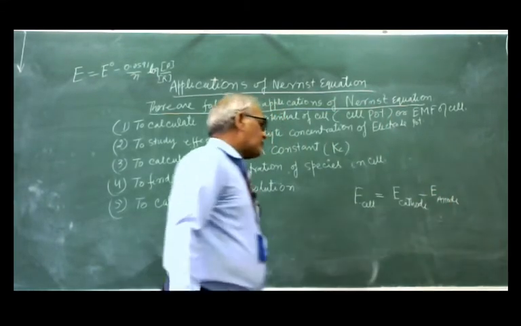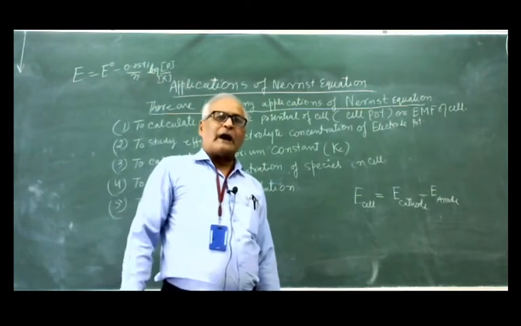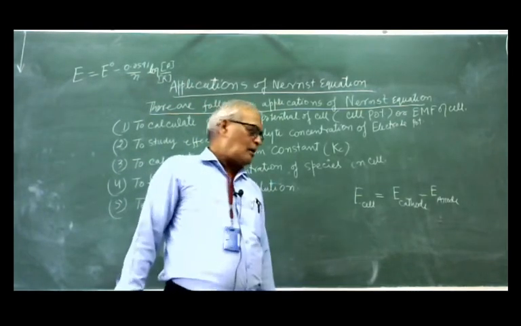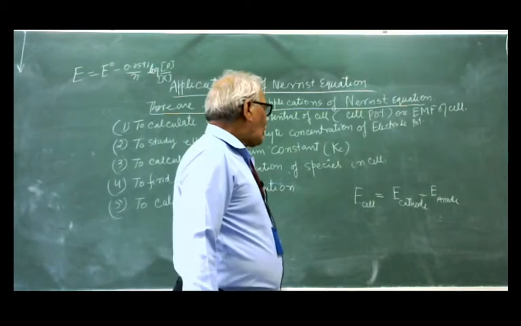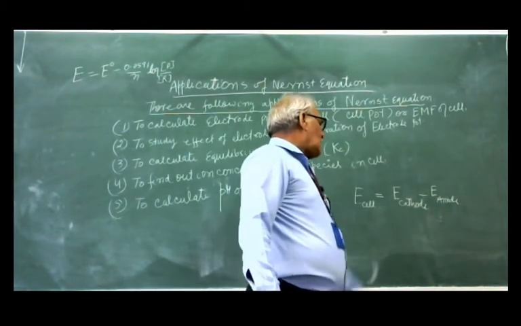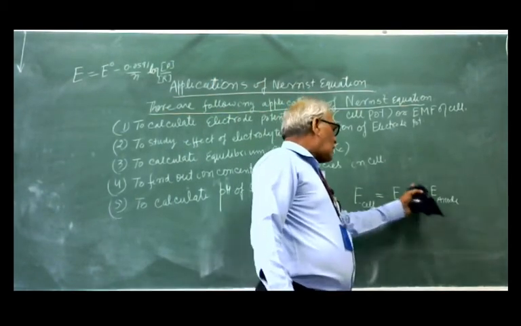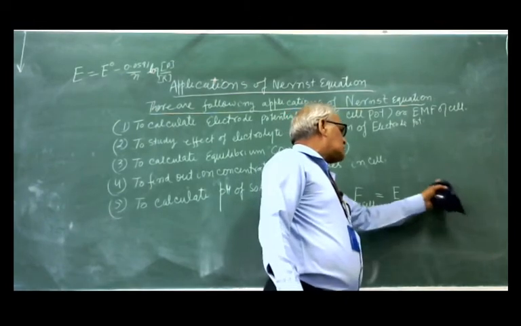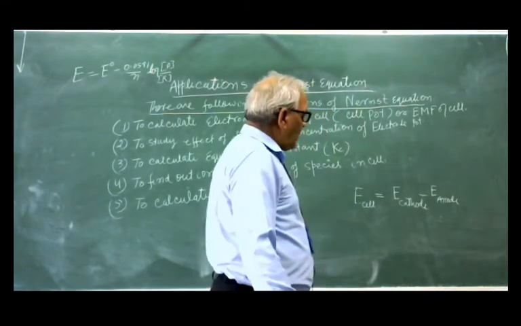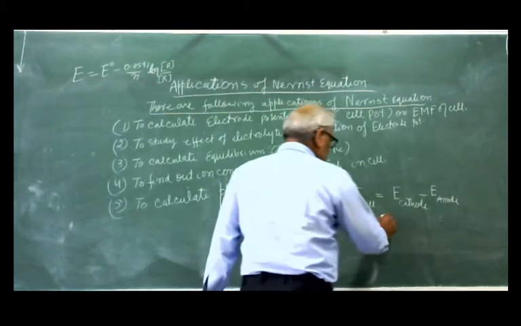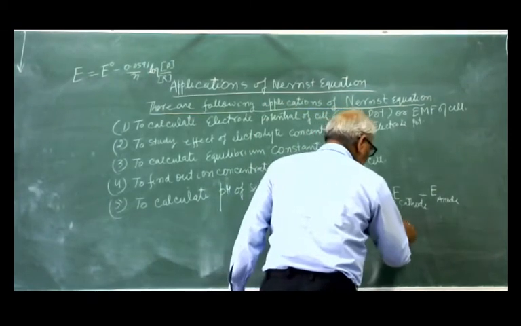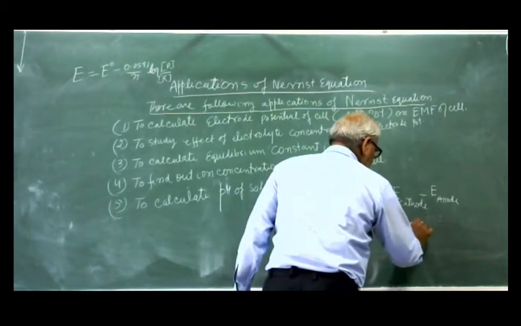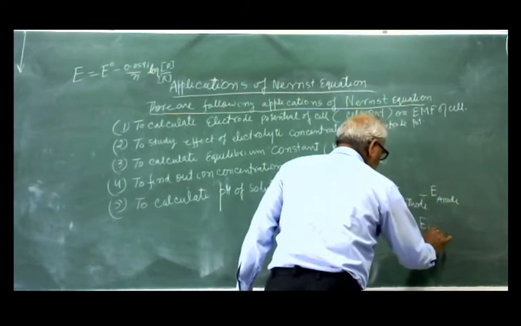This one is the cell potential or EMF of the cell. You can also write it like this: electrode potential of the right minus electrode potential of the left.